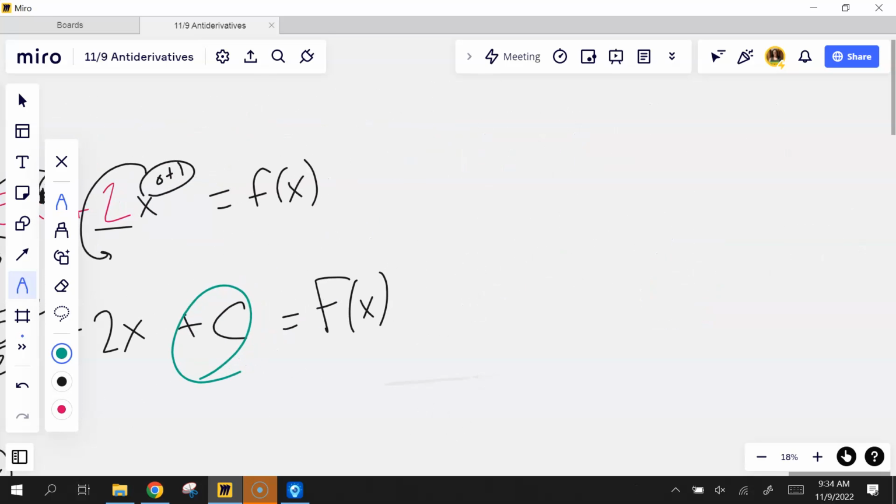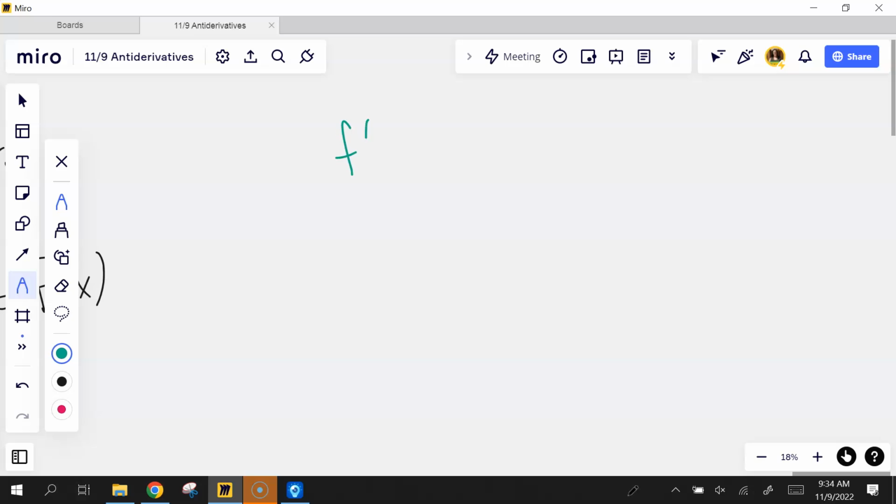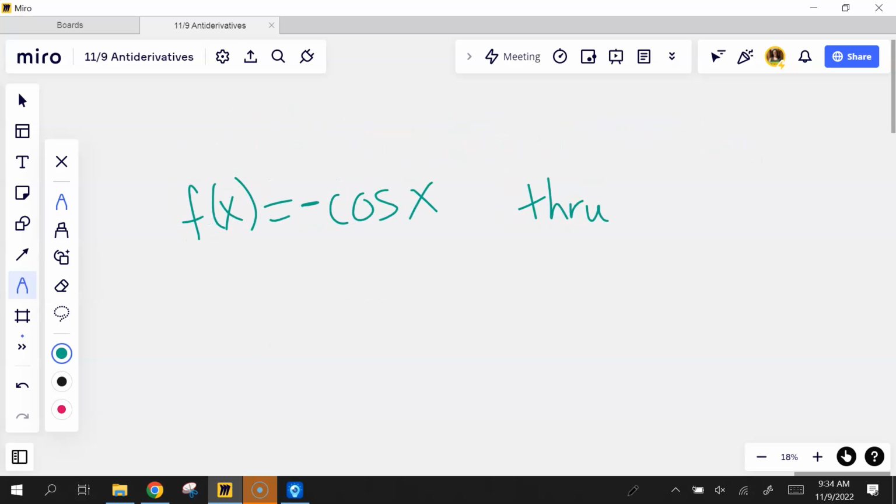So let's say, for instance, we'll use this notation this time. Let's do negative cosine x. That passes through the point pi, 3.